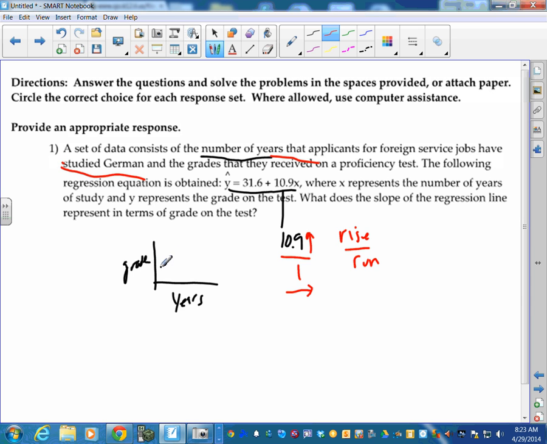If they don't study at all, they can expect a grade of 31.6. If they study for 1 year, they can expect a grade of 41.6. So the slope tells you how your grade will improve based on the years of study. That's what slope does. All right?